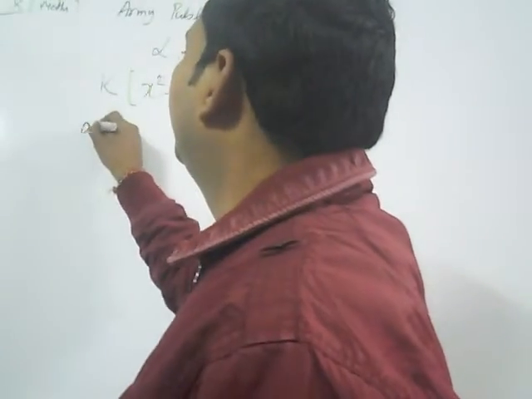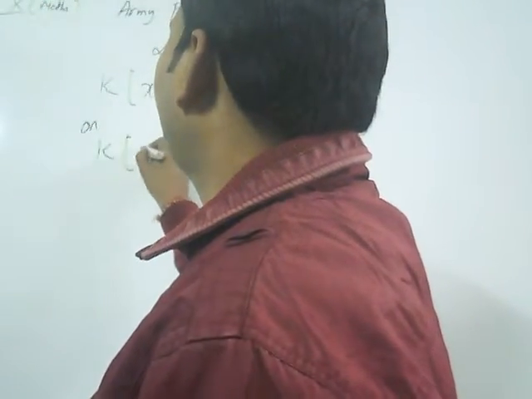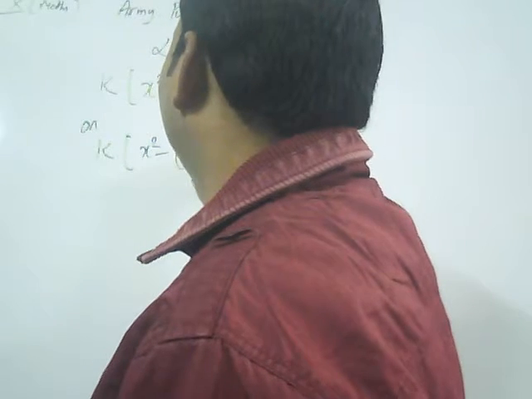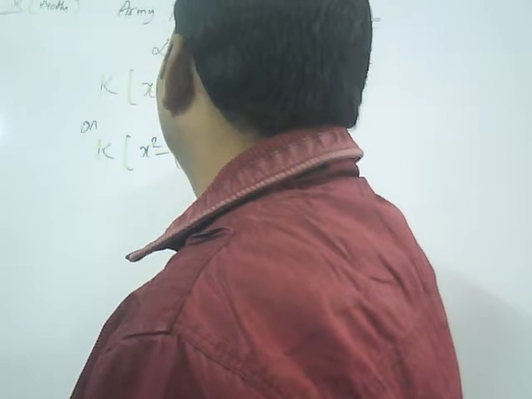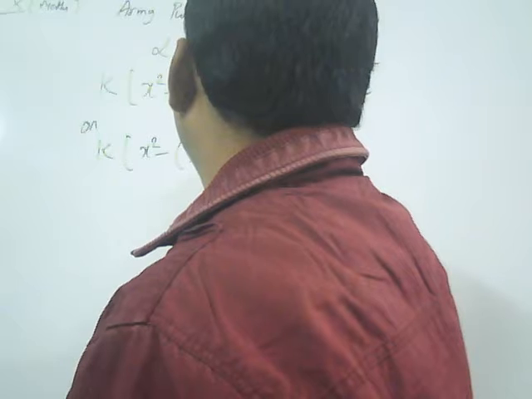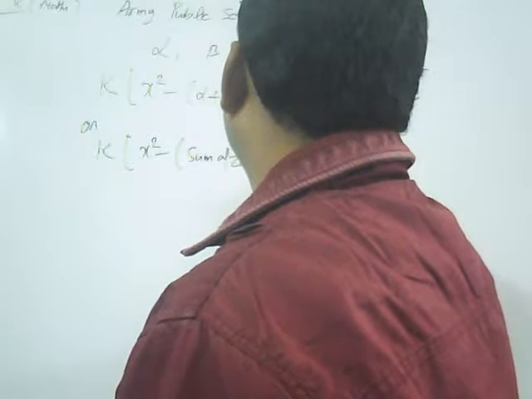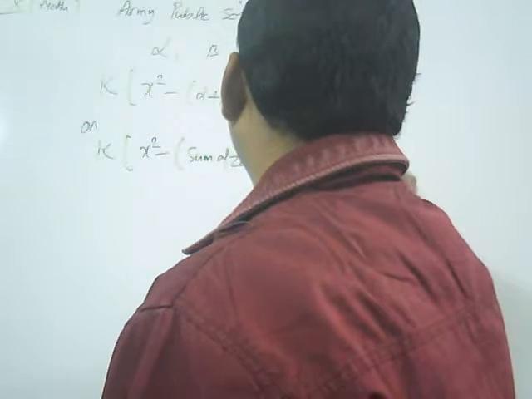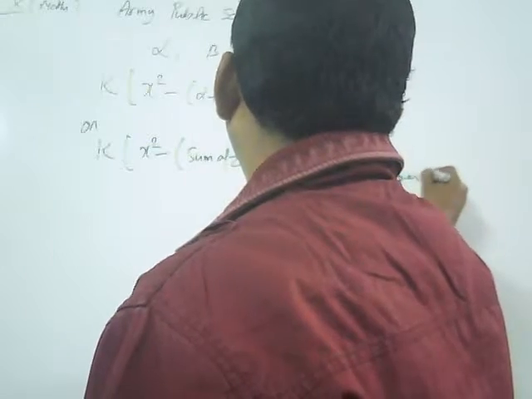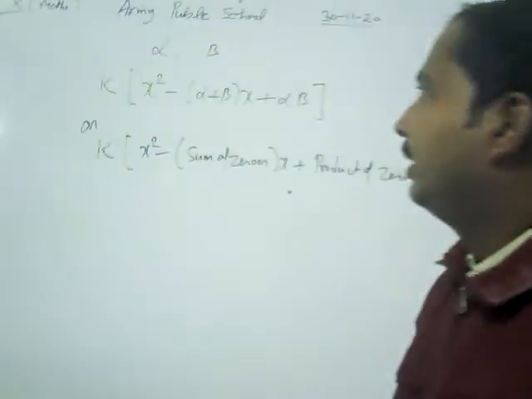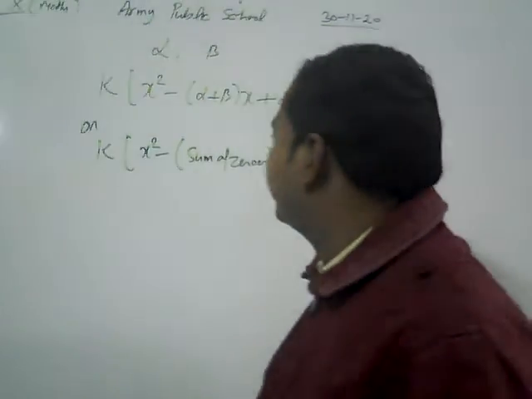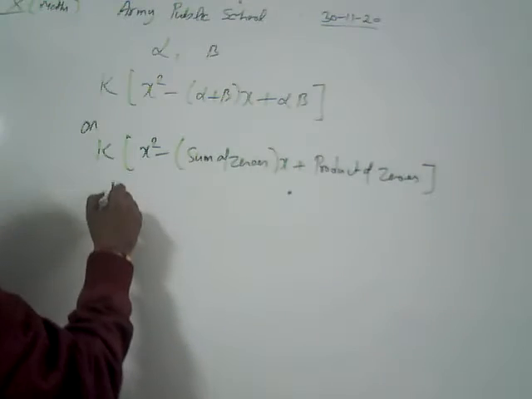In other words, we can also write k times x square minus sum of zeros into x plus product of zeros.